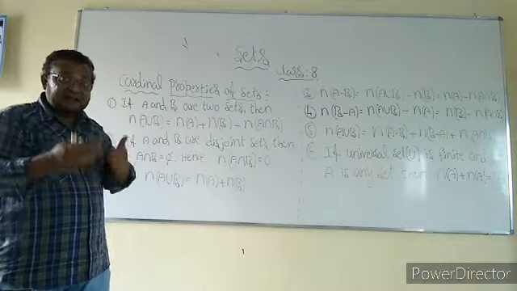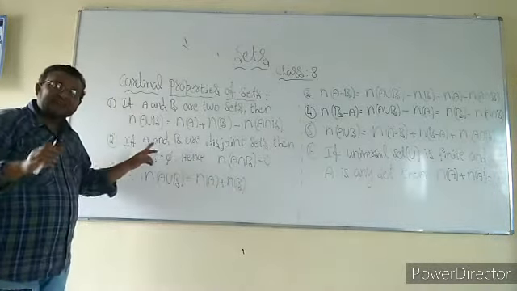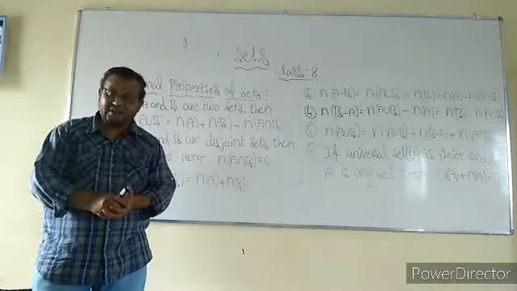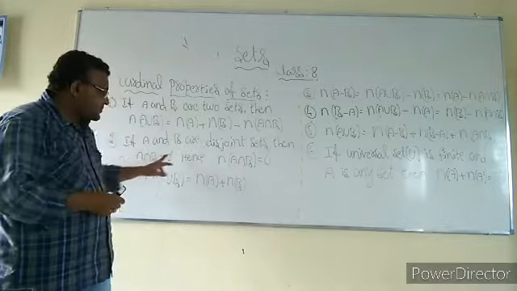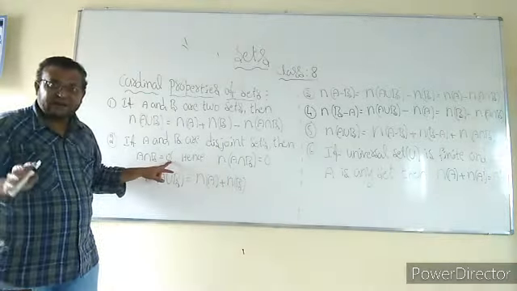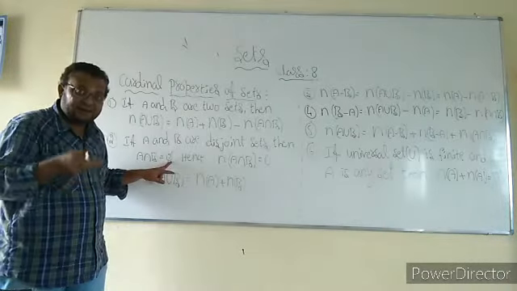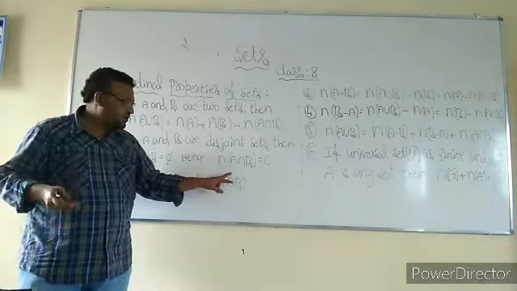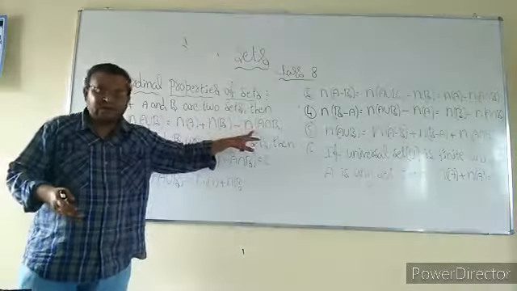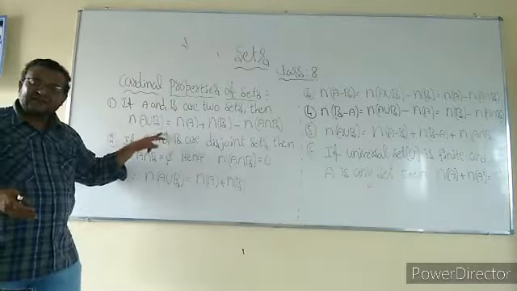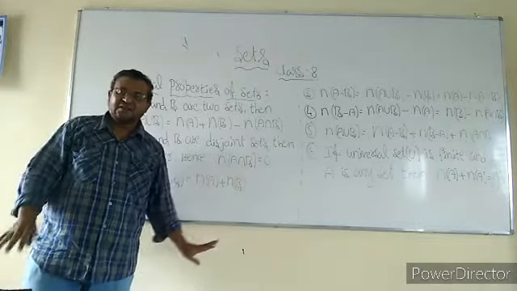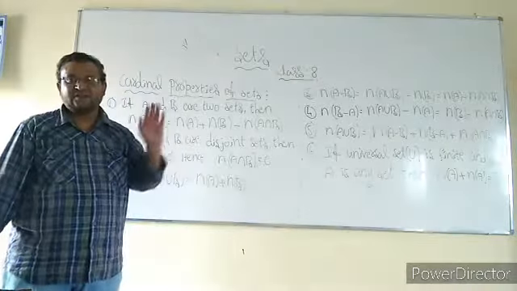Next, if A and B are disjoint sets, that means no common element in A and B, then clearly the number of elements in A intersection B is 0, nothing. If n of A intersection B is 0, then n of A union B is equal to n of A plus n of B minus 0, which means just n of A plus n of B. Why?